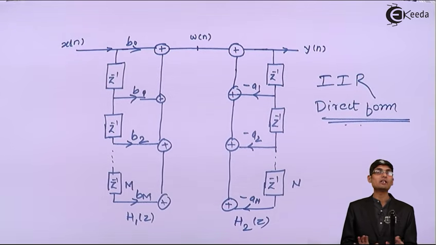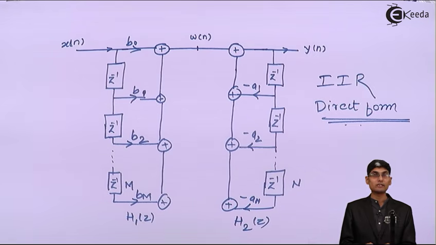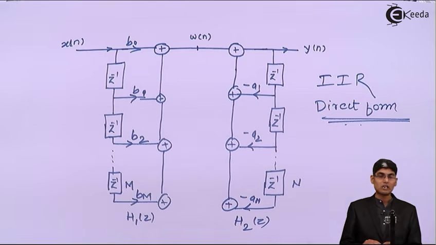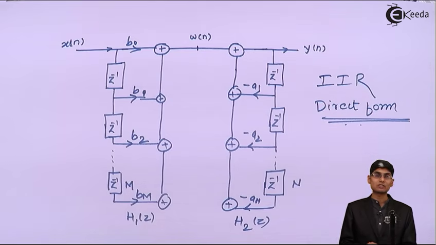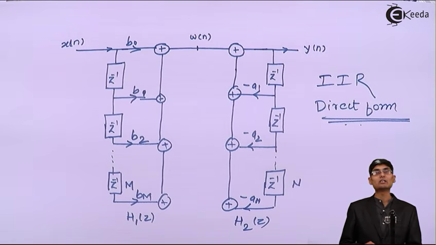This is how we realize a direct form IIR structure, which is the simplest one, directly implemented by looking at the transfer function. So I hope that you understood how we actually construct a logical diagram from a transfer function, to give an understanding of how the circuit will look. Thank you.